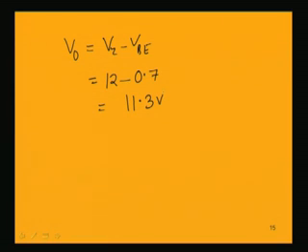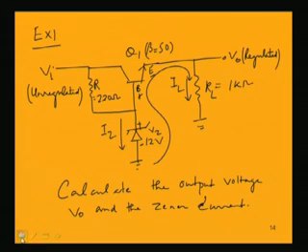Now you are asked to find the Zener current. In order to find the Zener current, what law are we going to apply at this point? Kirchhoff's current law. So KCL being applied at this point, let us name this current IR. The base current in this transistor is IB.